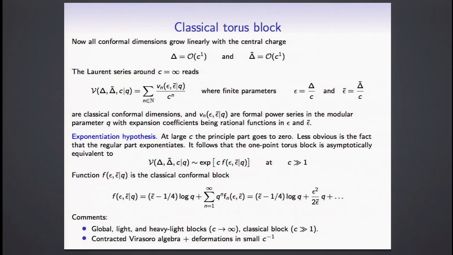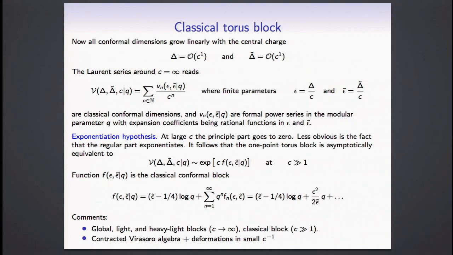Okay, so we see that we have four types of semi-classical conformal blocks, and the first three blocks, which are the global, light and heavy-light blocks, are just limiting cases when we send the central charge to infinity, while the classical block is the large C asymptotic of the original quantum block.